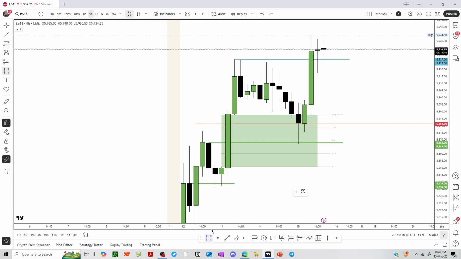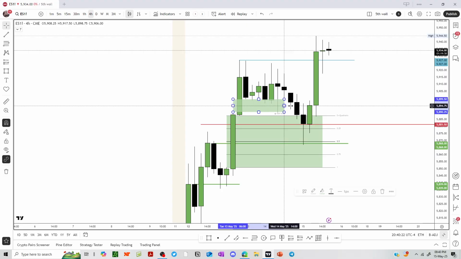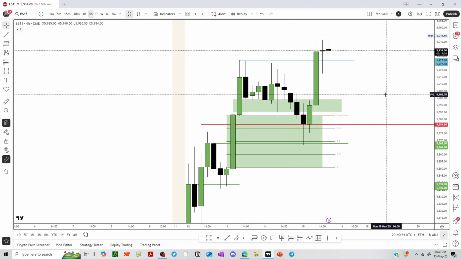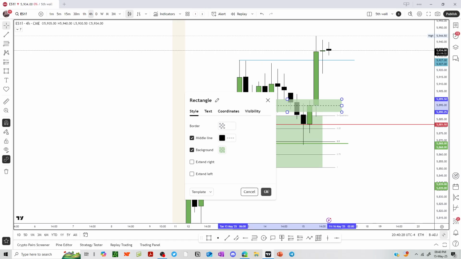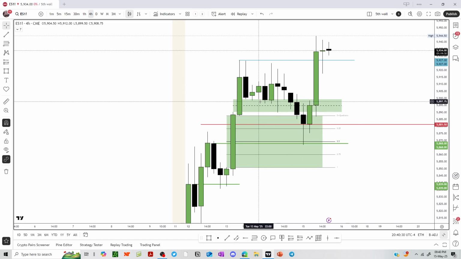Now yesterday, this small fair value gap was significant as well yesterday, and I was looking for price, when price traded here, to take out this buy side liquidity, and it didn't do that.